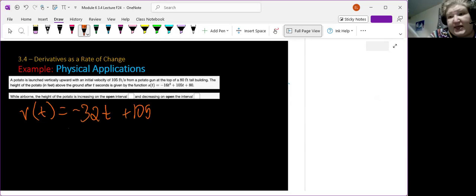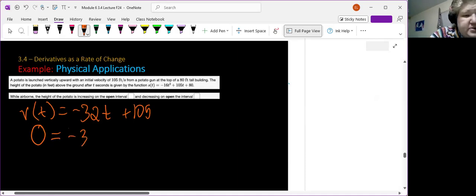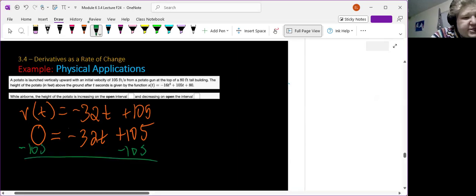And solving this, 0 equals negative 32t plus 105. Minus 105, divide by the negative 32. And that is not a very pretty number. It's like 3 and change, I believe.